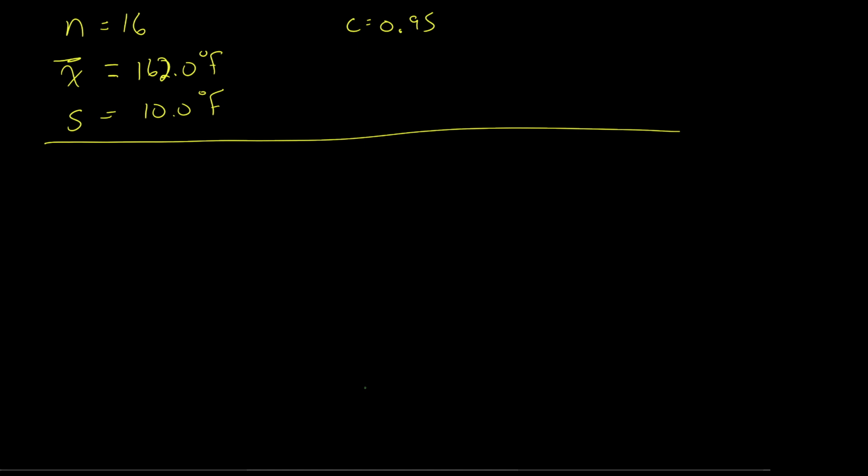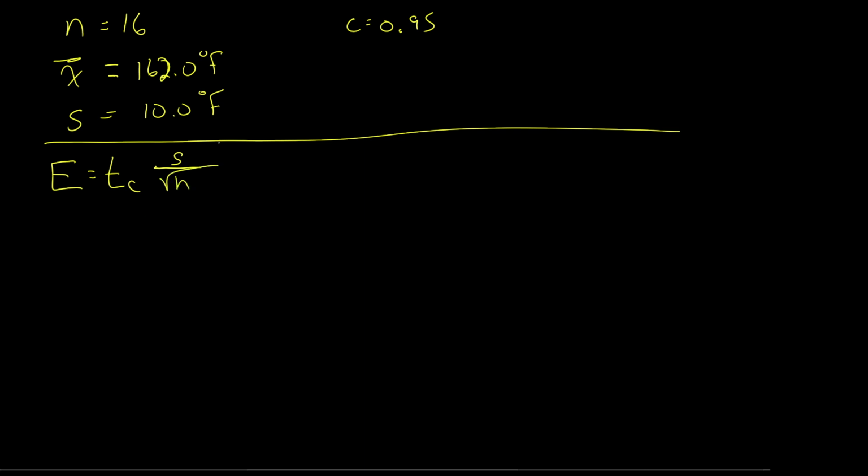Well, I have the data I need, and I have the idea that I want. What I want to do is find the margin of error, which is going to be my t-score critical value, because I don't know what the population is like. My t-score critical value times the sample standard deviation over the square root of n.